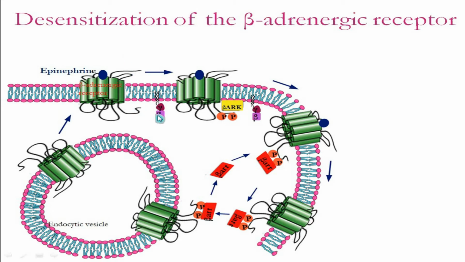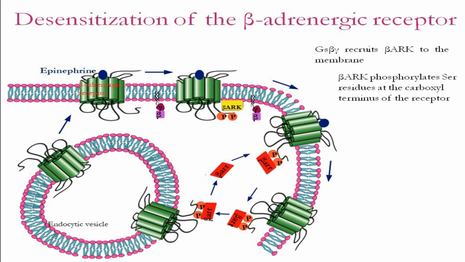And this gamma and beta subunit of G protein recruits beta-ARK into the plasma membrane. And this beta-ARK phosphorylates serine residues at the carboxyl terminus of this beta-adrenergic receptor.